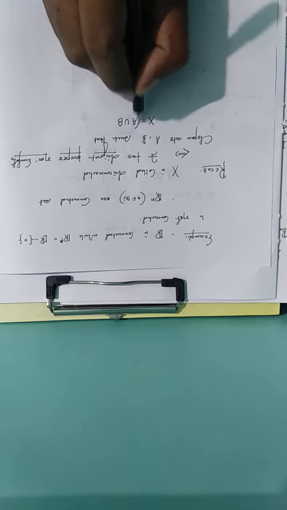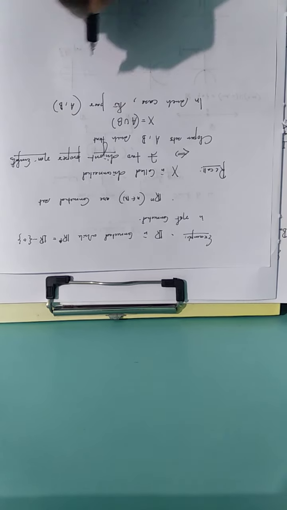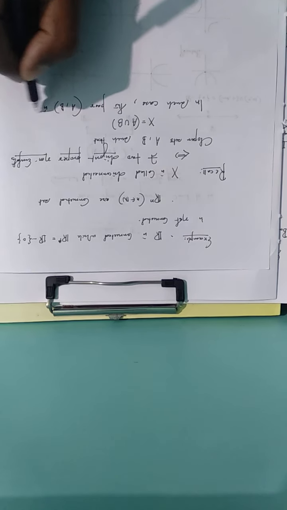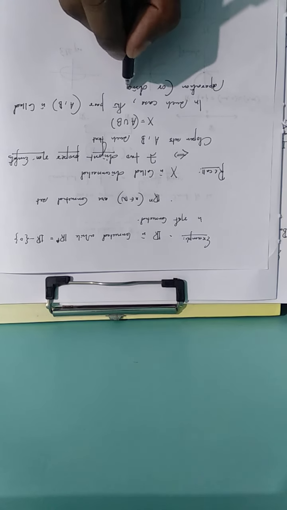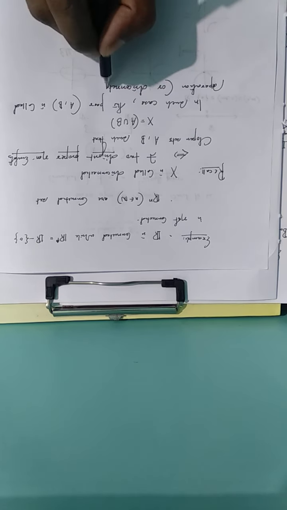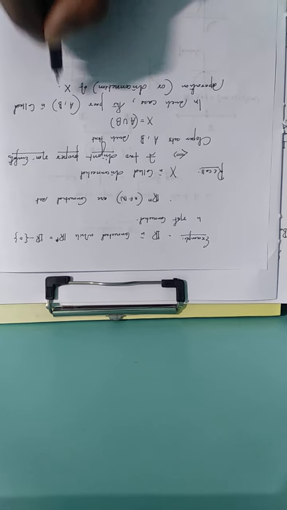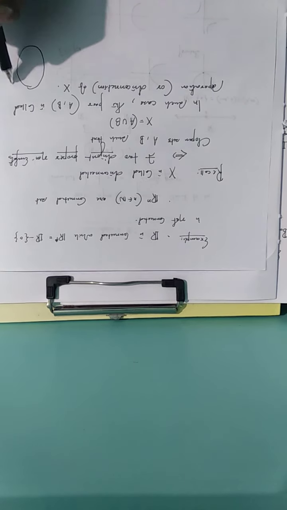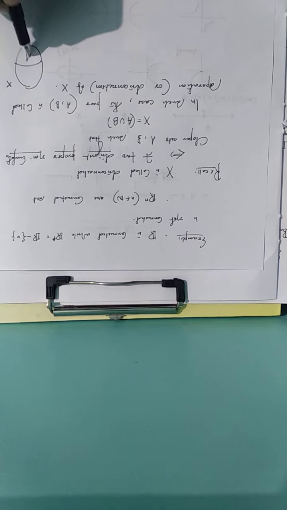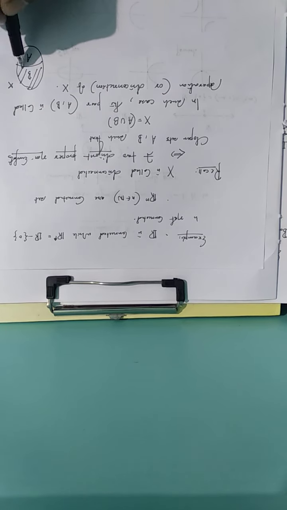In such a case, the pair A, B is called a separation or disconnection of X. That means the pair A, B is called a separation of X if the following properties hold.